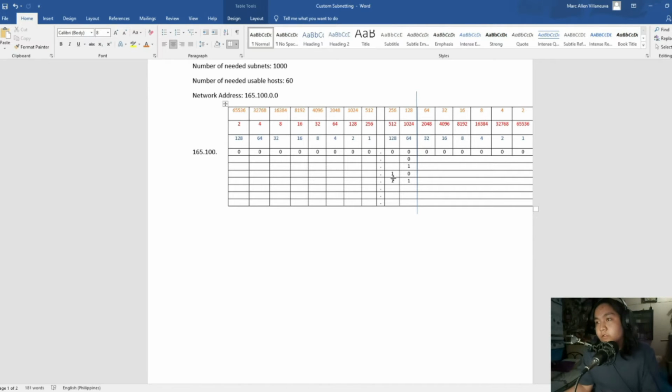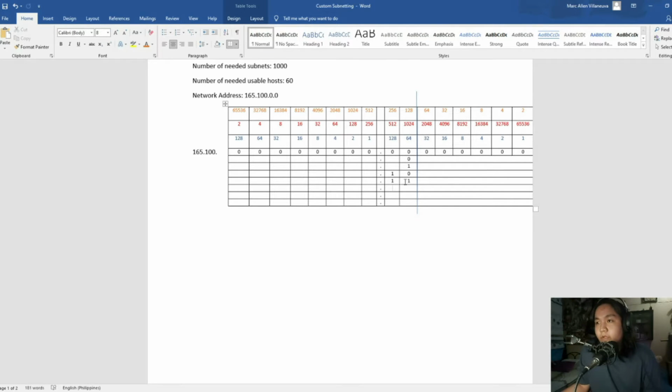As you can see, we already have 4 patterns made. So the pattern goes like this. We just need to remember that we start from 0, 1, and stop at 11.